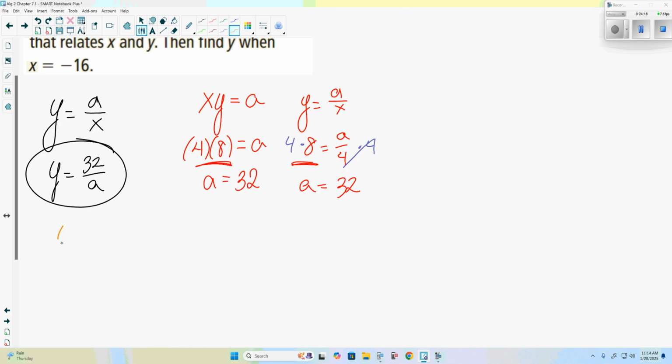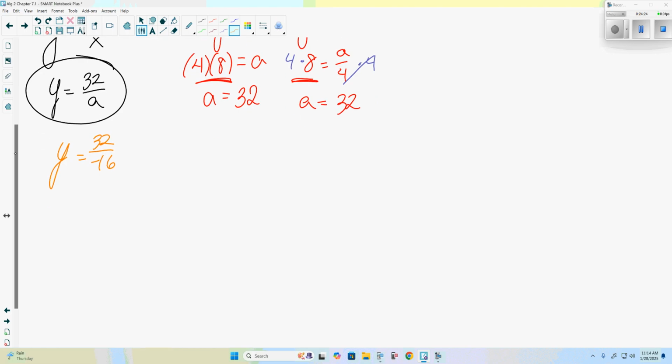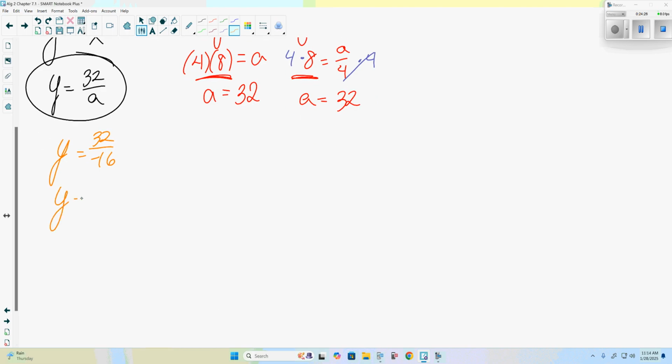Now the other part of this question is to find the value of y when x is 16. Well, 32 divided by 16 is 2. If it doesn't reduce, we can just leave it as a fraction.